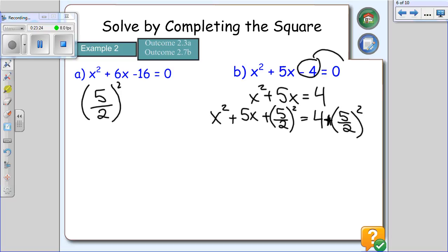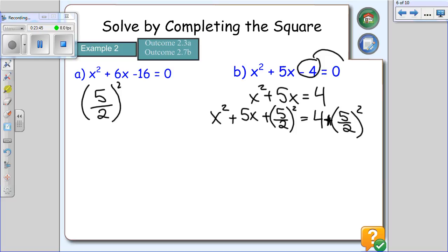The expression on the left, if you were to diamond method it, you're going to have a hard time, right? Two things multiply to be this and add to be 5? Not quite. I'm going to show you what works really nicely.